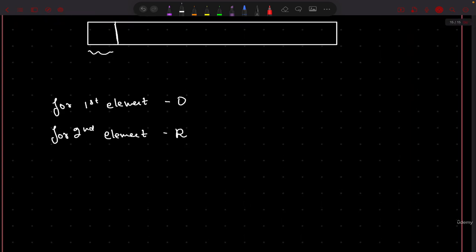Because we will be comparing with one single element. For the third element, similarly, we will be doing some 2k work because we will be comparing it with the two elements on the left. Similarly, if I just continue for the nth element, I will be doing n minus 1 of k work, right?